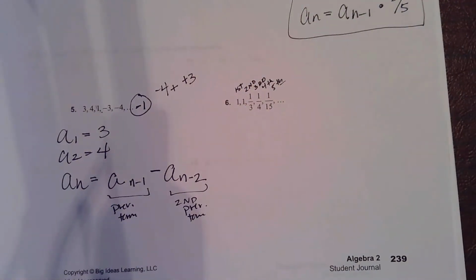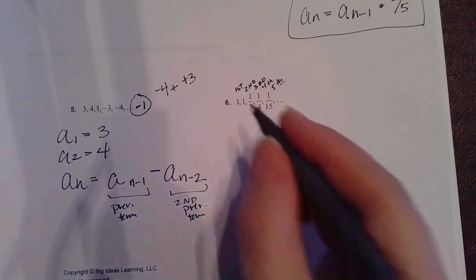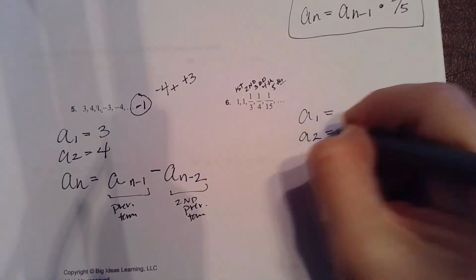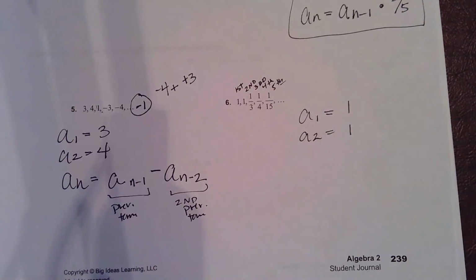So if you noticed, all of these are relating to the term that you're dealing with. So again, notice that we start with 1 and 1. So I am going to list my first two terms here.